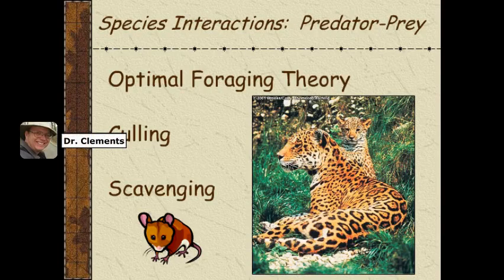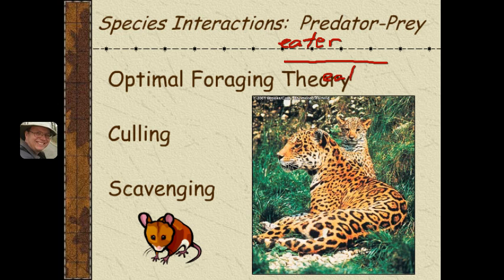When two organisms interact and one organism becomes a resource for another organism, this is referred to as a predator-prey interaction. Basically, what's happening is one species is eating the other one, and the one that's doing the eating, the eater, is the predator, and the prey is, well, essentially the ET.